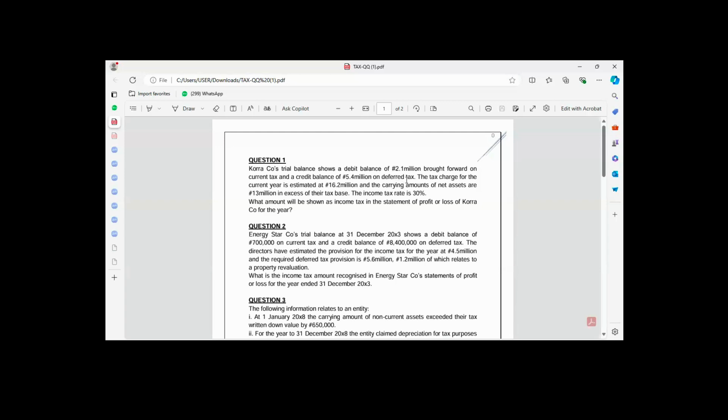And I say the tax charge for this current year is 16.2. The carrying amount of the net assets at 30 million is in excess of the tax base. Does it pass the message? This is a deferred tax liability, a credit balance.